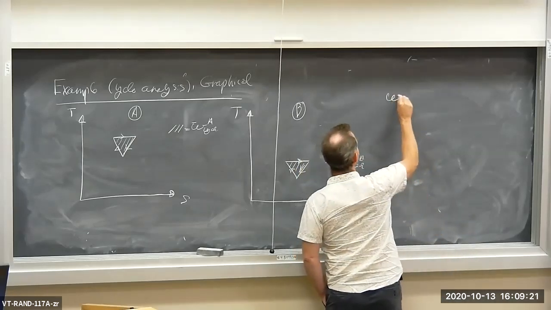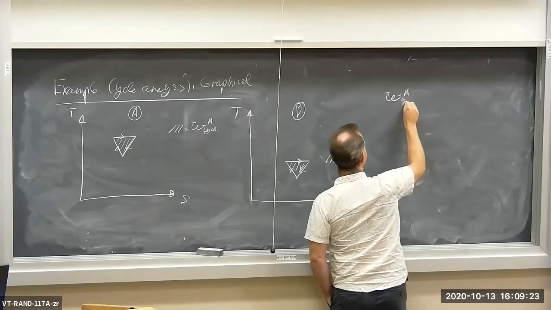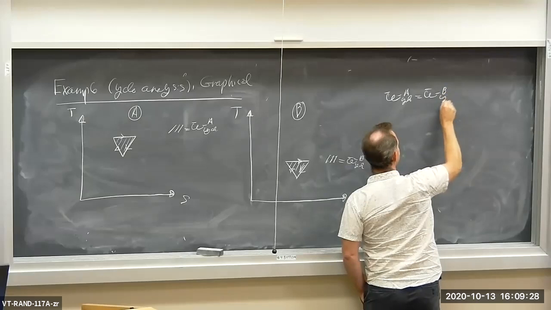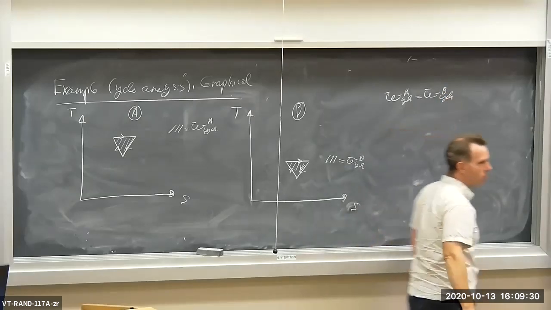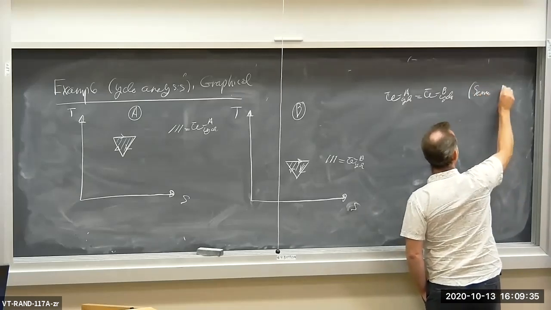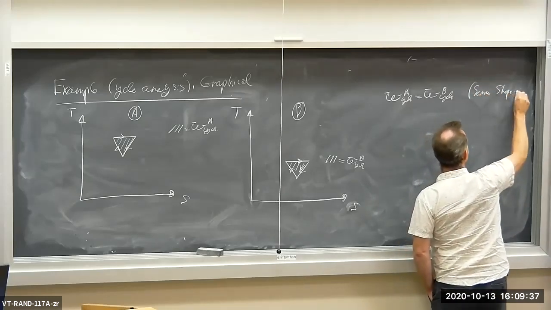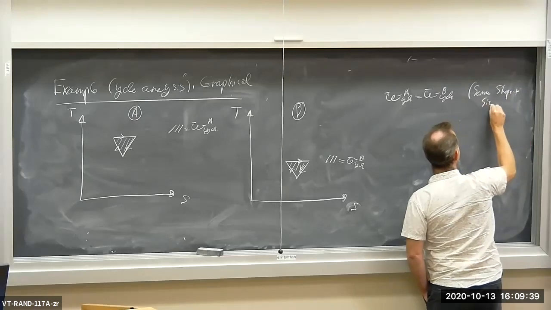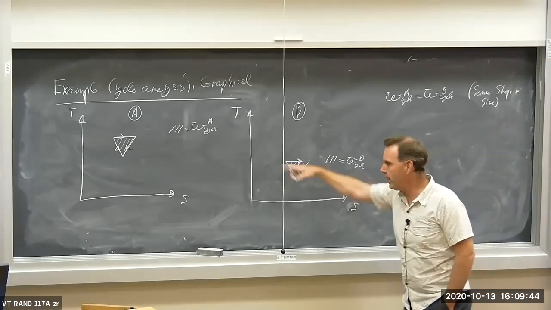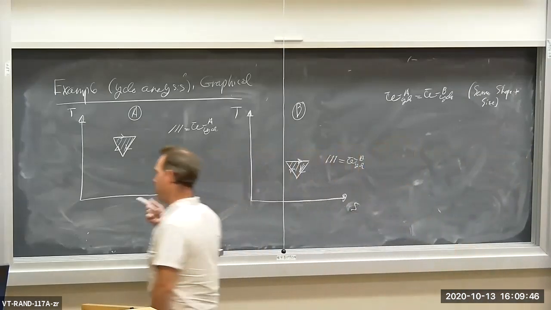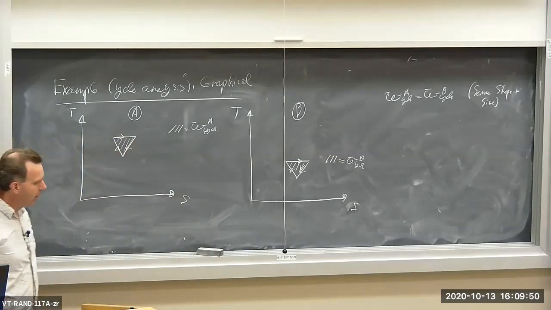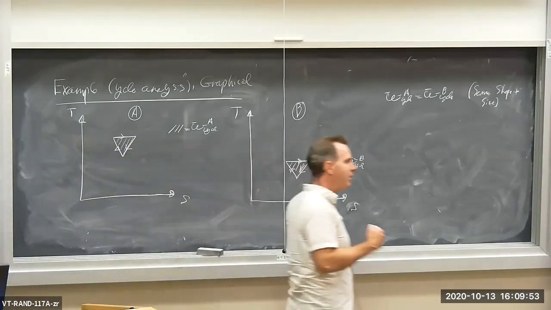So I have the cycle work for cycle A equals the cycle work for cycle B. Okay? Same shape and size. Same area bound by the TS curve over the cycle. Same works.